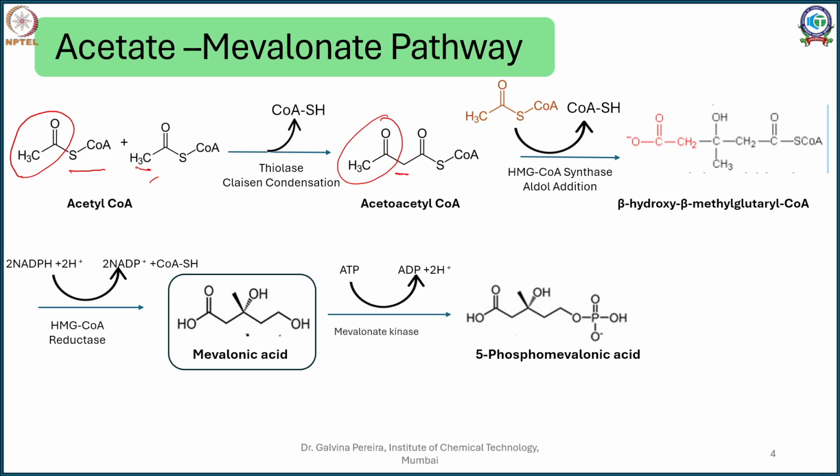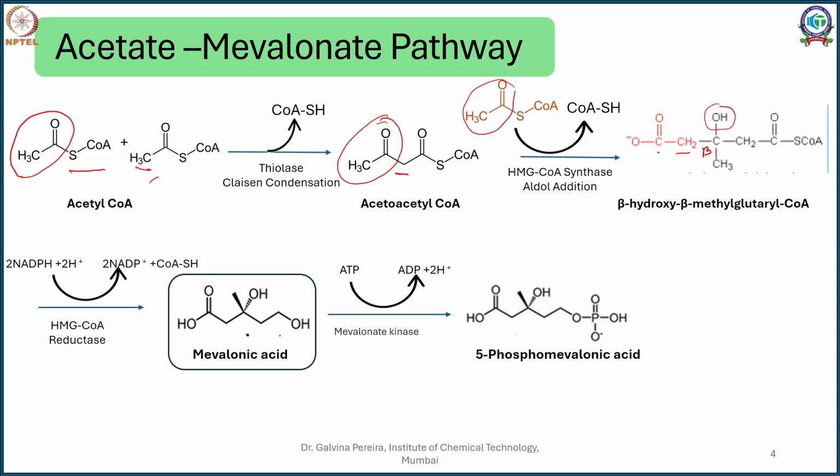So if you see, this is typically the beta carbon. So you have your beta hydroxy beta methyl glutaryl CoA. Now you can clearly see what has happened is this particular oxygen of the ketone group has got converted into an OH, and then you add this molecule. I have kept it as read out here, and you can see carefully how it gets added.